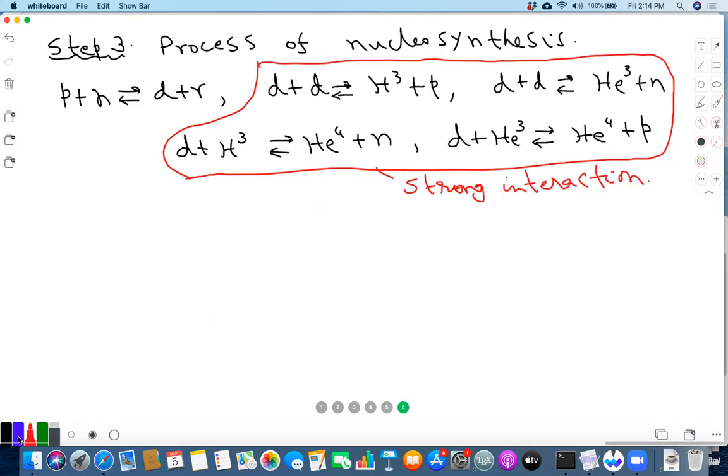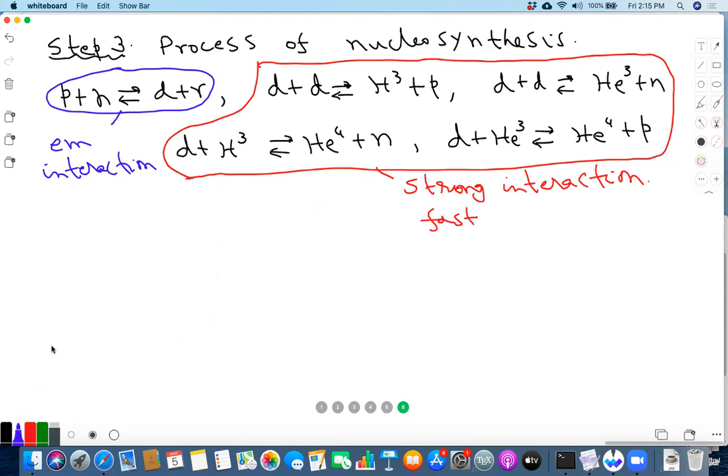On the other hand, this one is electromagnetic interaction. So strong interaction is very fast. Electromagnetic interaction is, of course, faster than weak, but it's slower than strong interaction. So this rate is not as fast as strong interaction.